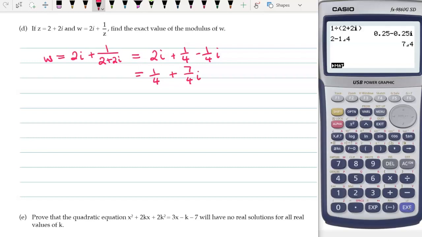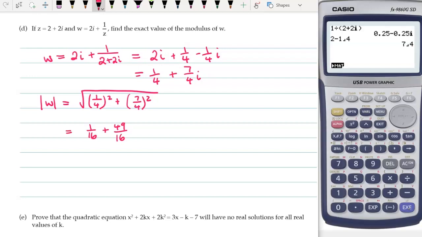So then the modulus of that is the square root of the real part squared plus the imaginary part squared. So a quarter squared is 1/16. This will be 49 over 16.